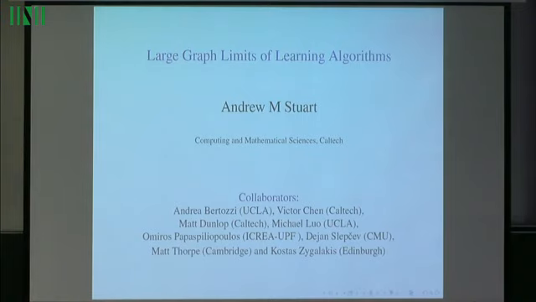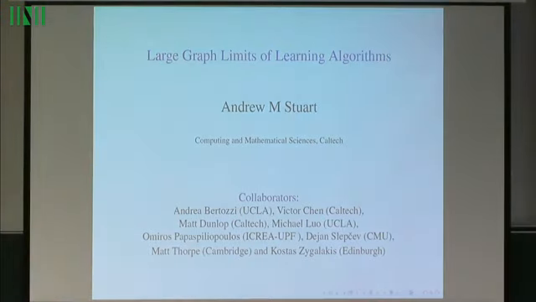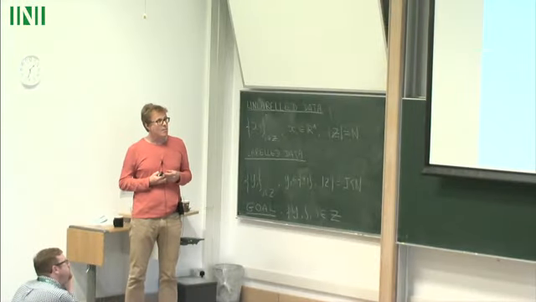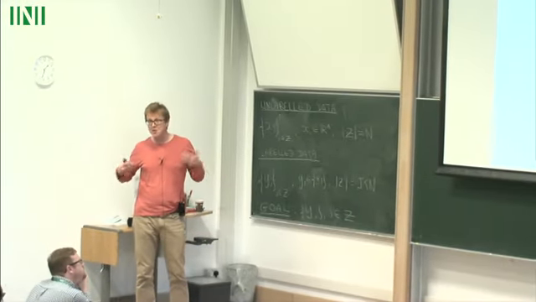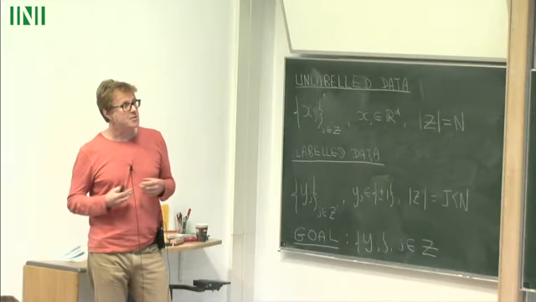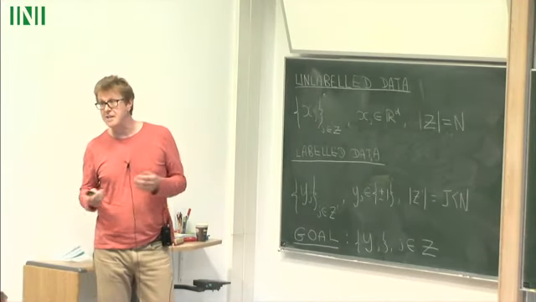Let me just say a few words about the general context. There are many problems in machine learning which have exhibited incredible engineering success over the last decade. And as a community of mathematicians and statisticians, I think there are many open problems for us where we can develop mathematical theory to underpin those engineering successes.